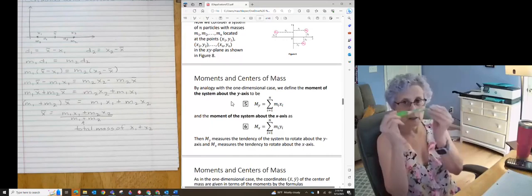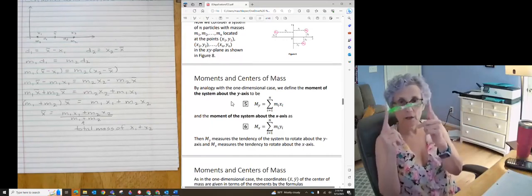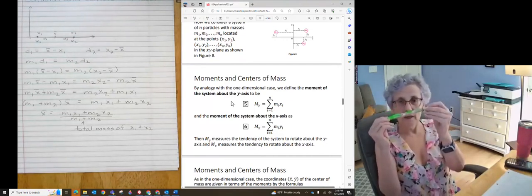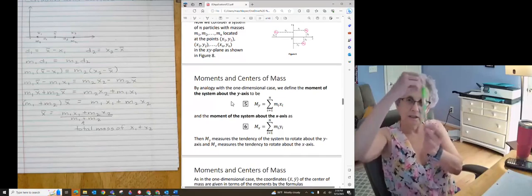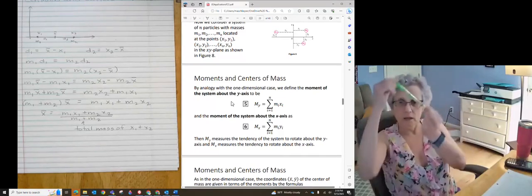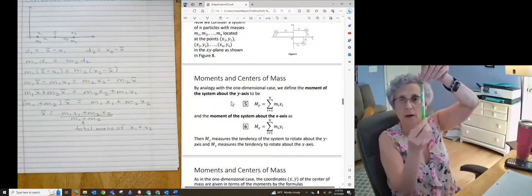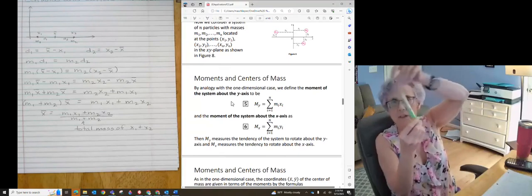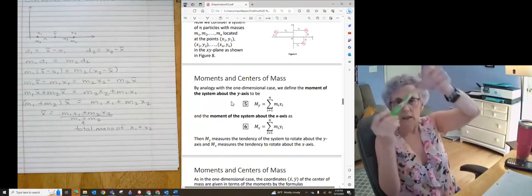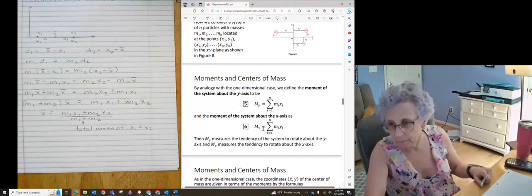So I kind of think of it this way. You're on the x-axis, you get your x-coordinates. That is your tendency to flip in the y direction. You take the masses and the y-coordinates, and that's your tendency to move in the x direction.